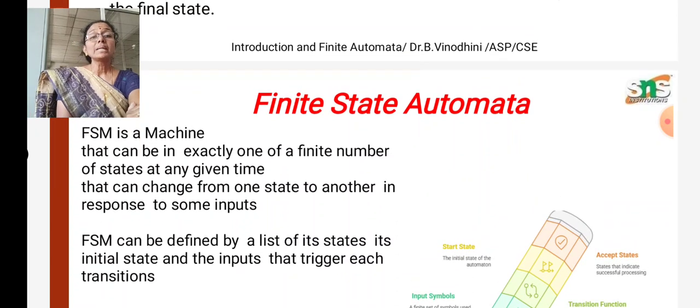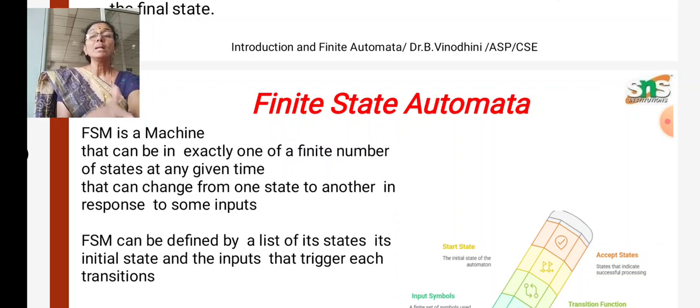Next is finite state automata. The FSM is a machine that can be in exactly one of a finite number of states at any given time. Finite state automata means it has a finite set of states that could be held at a particular time. The machine can change from one state to another in response to some inputs.